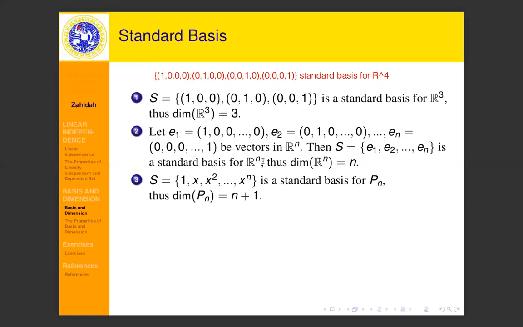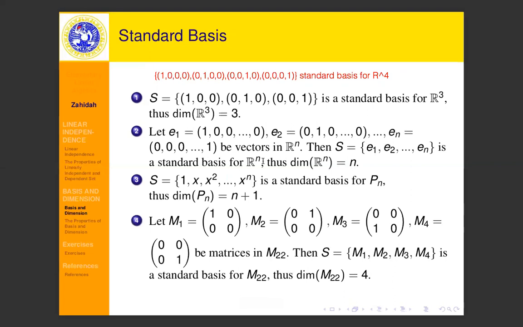What about matrices? This one is only for the vector space of 2 by 2 matrices. We have M1 with entry 1 only in the first row and first column. M2 has entry 1 only in the first row, second column. M3 has entry 1 only in the second row, first column. And the last matrix is M4.